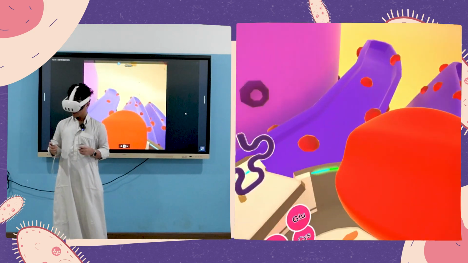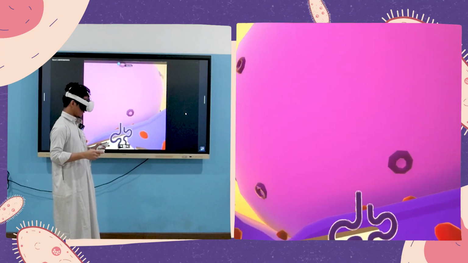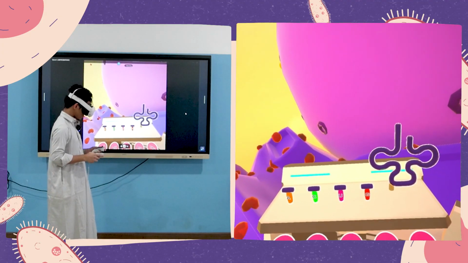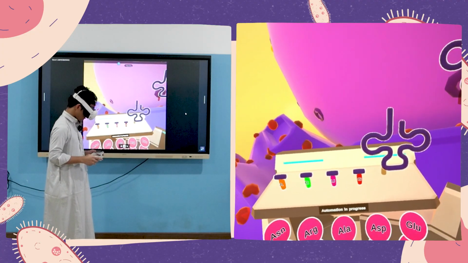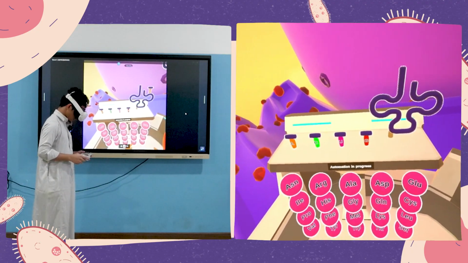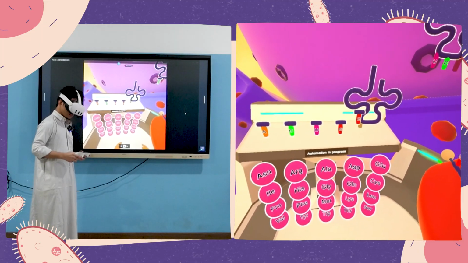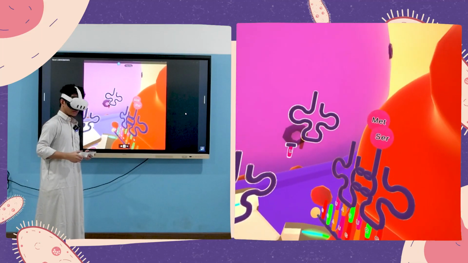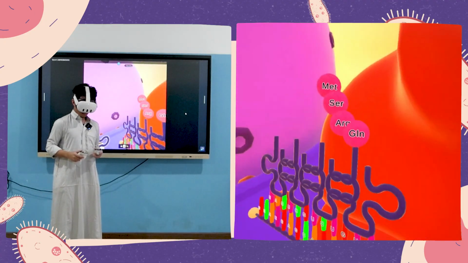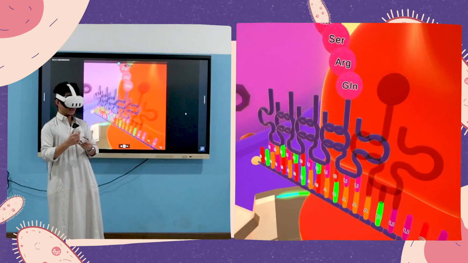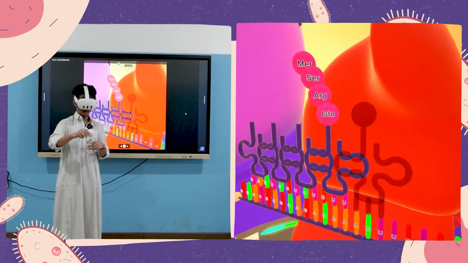Okay, so we're here in our ribosome. Now we're going to be continuing the process of translating the mRNA, the tRNA.